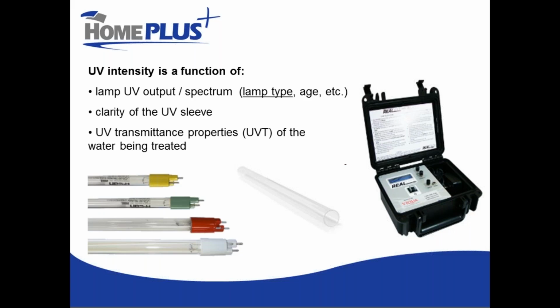But there are things that can be contained within the water itself that can either block or absorb UV light. So sediment particles, for instance, can certainly block UV light directly, act like an umbrella effect. And organic matter, tannins and other natural organic compounds can absorb UV light and prevent it from reaching the contaminants in the water.